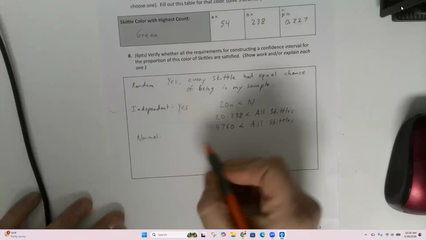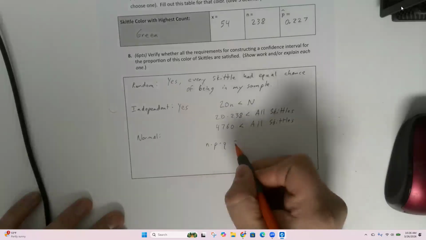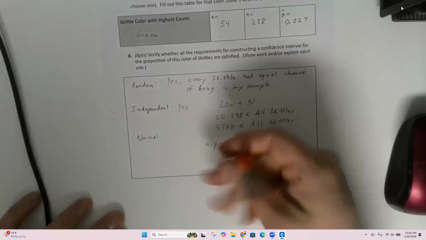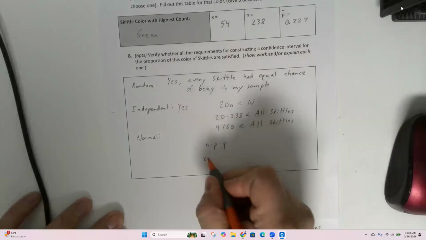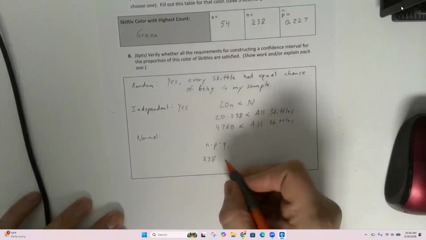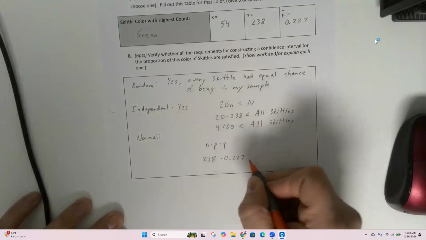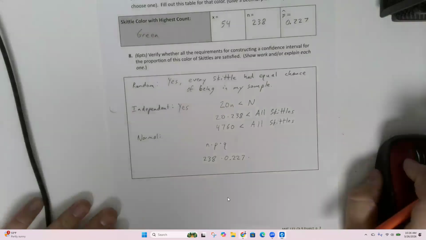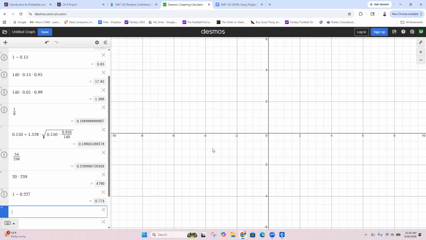All right, normal. I need to check n times p times q. That has to be bigger than 10. So for me, n is 238, p hat is 0.227. I need my q value: 1 minus 0.227 is 0.773.